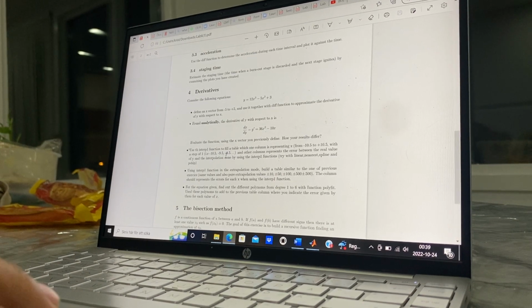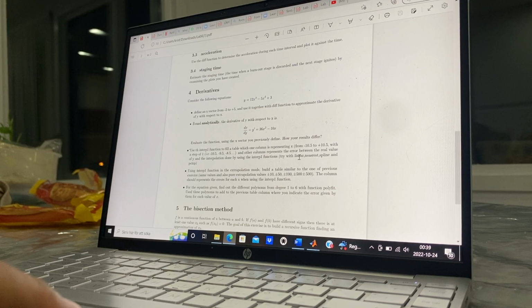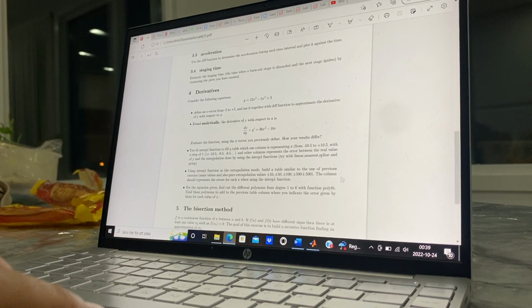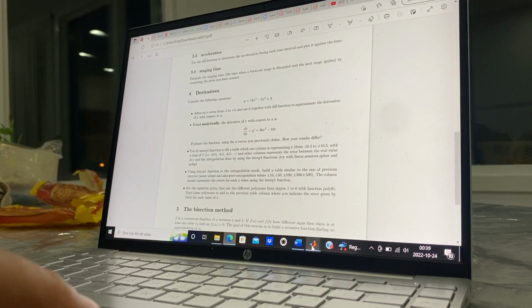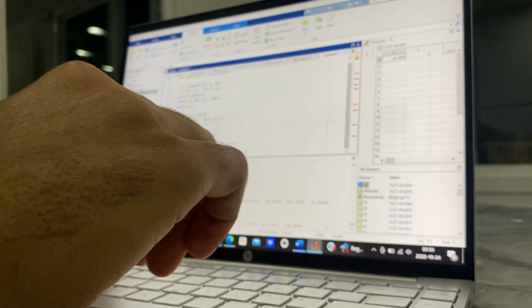So now I use the interp1 function to fill a table in which one column is representing x from minus 10.5 to plus 10.5, and I'm going to create the table now after I've used the interp1 function.